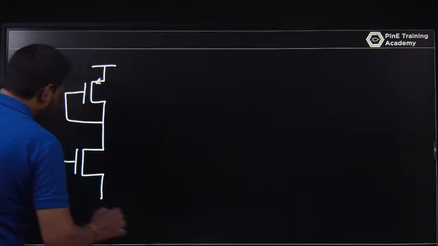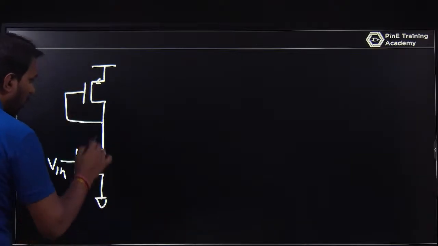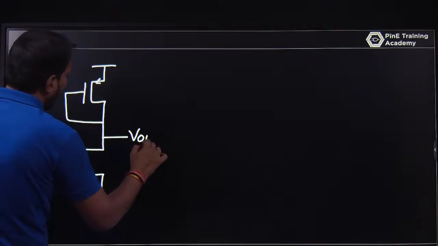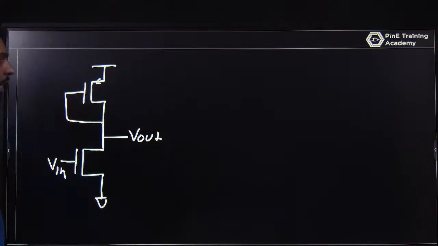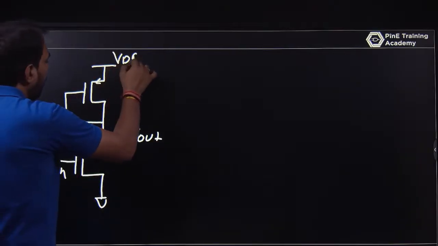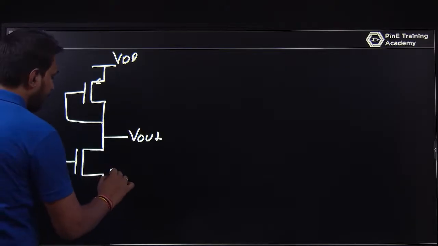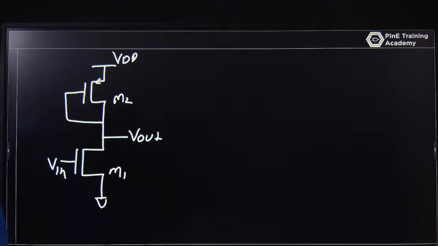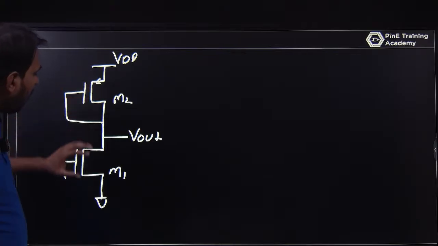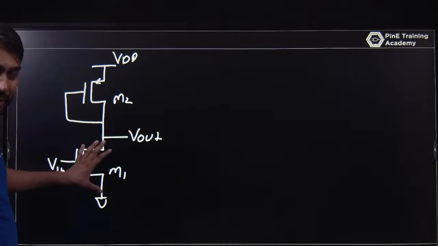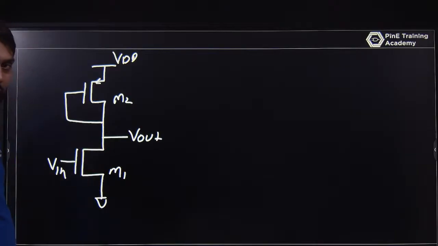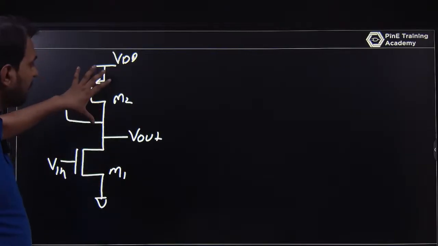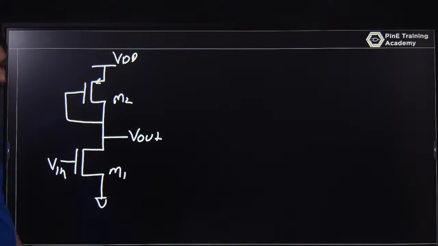The load is diode connected. Let me say that this is M1 and this is M2. What will happen? Whenever you have a diode connected, I know this is the simple MOSFET, but now I am changing this Rd with a diode connected PMOS.